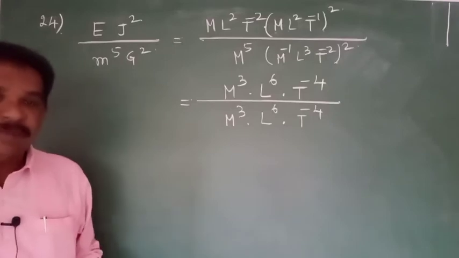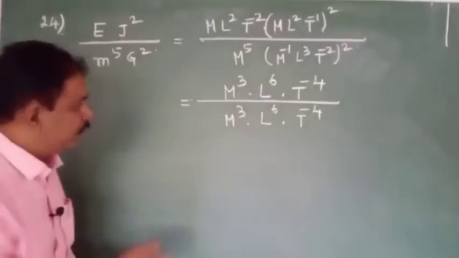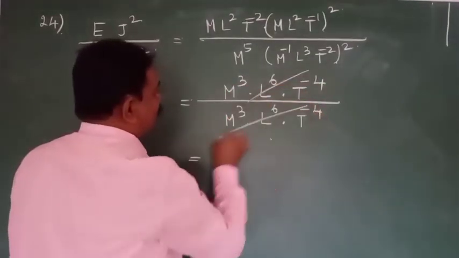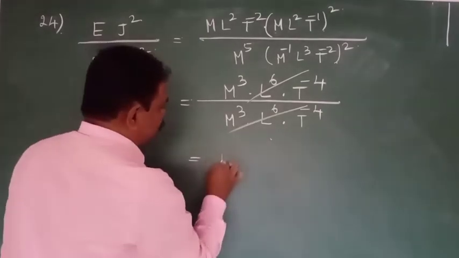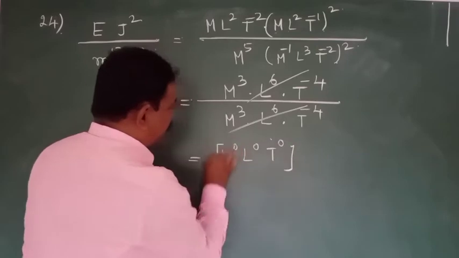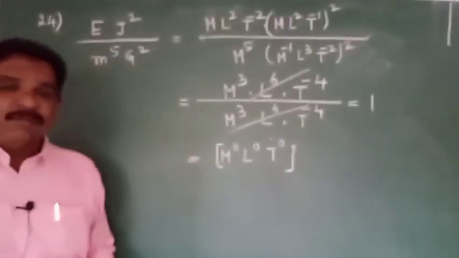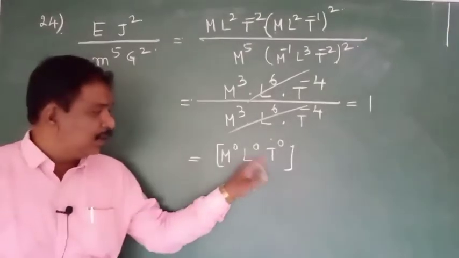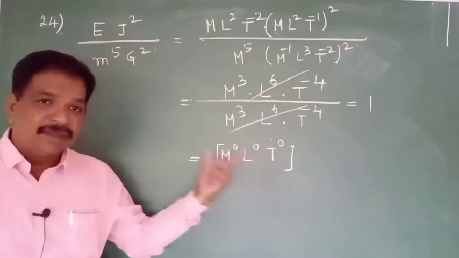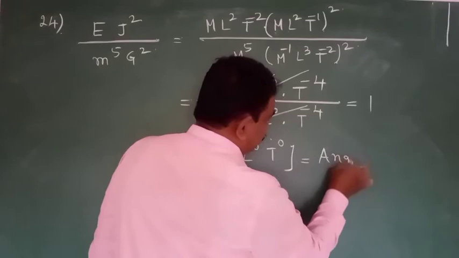We merged all M powers, L powers and T powers. These are the same, so both cancel. So what happens? M power 0, L power 0, T power 0. This is nothing but 1, and this is nothing but an angle. Angle won't have any dimensions.